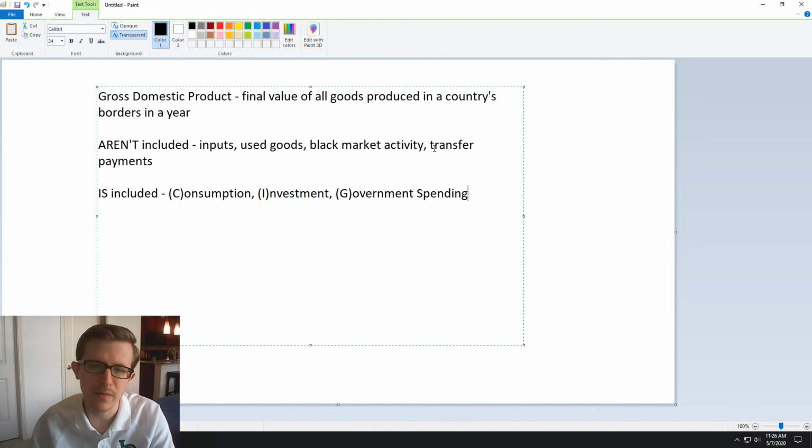This is where those transfer payments become important, because transfer payments are not included in government spending.